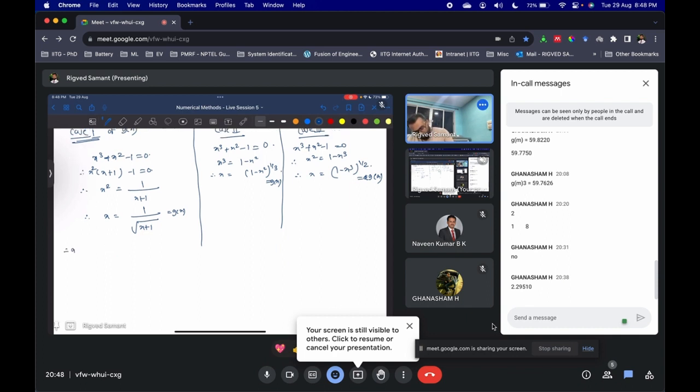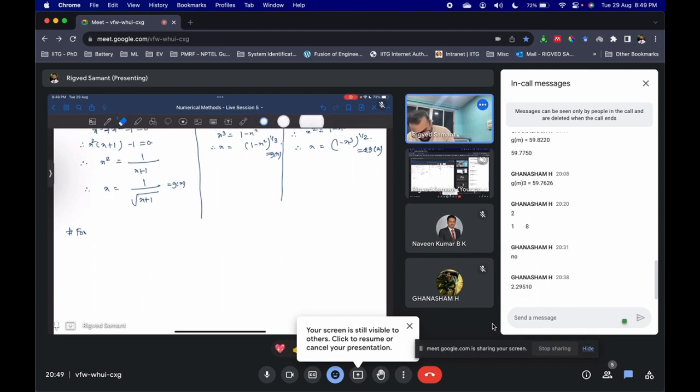So for case 1, g dash of x is equal to 1 divided by x plus 1 raised to minus 2, right?